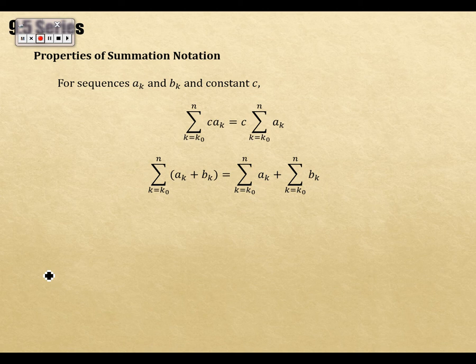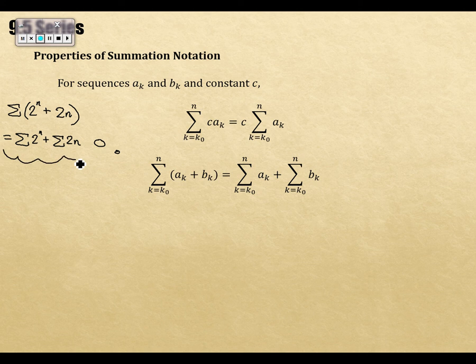So, for example, the sum of 2 to the n plus 2n is the same as the sum of 2 to the n plus the sum of 2n. That's what that's saying.